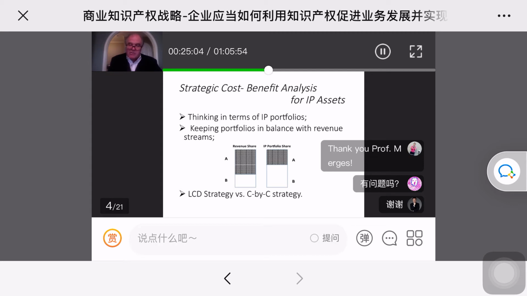Okay? Another way that companies undertake a portfolio analysis is to compare their portfolio to the portfolios of their main competitors. And this can take a number of different forms.